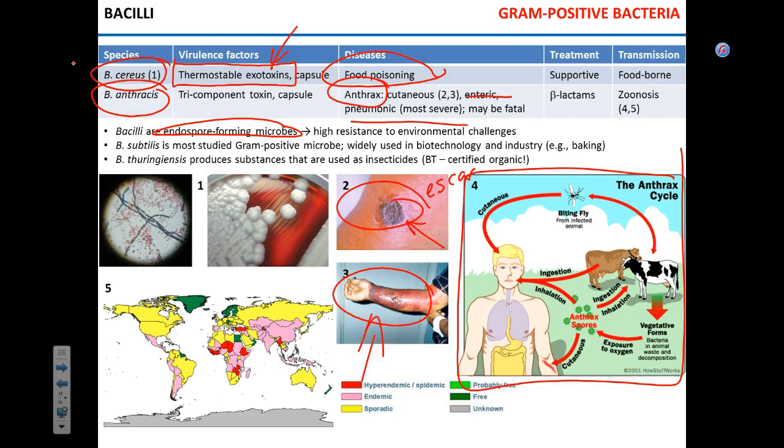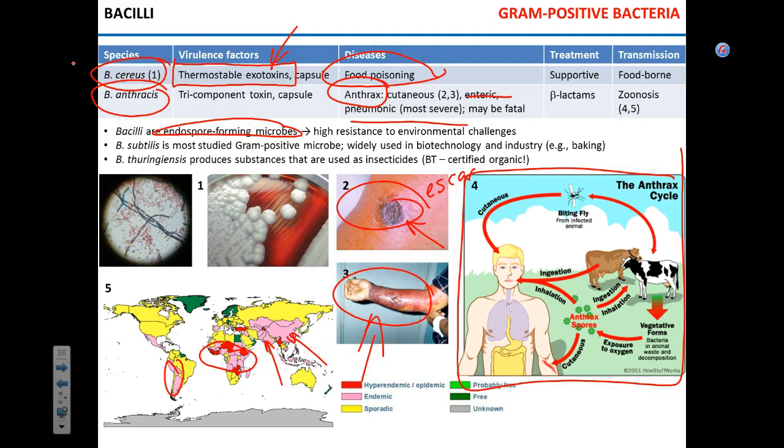How people get infected. They get in contact with infected cattle or other large hooved animals. In countries that are endemic, countries where anthrax is common, like China or India or Central Africa, some parts of South America, in these countries, anthrax is transmitted from cattle to humans.